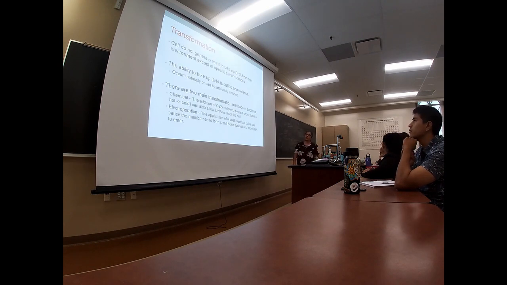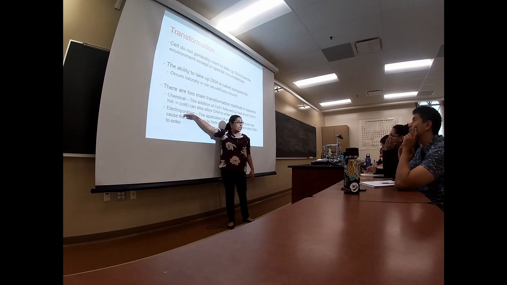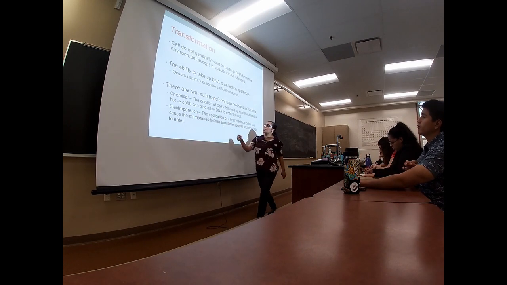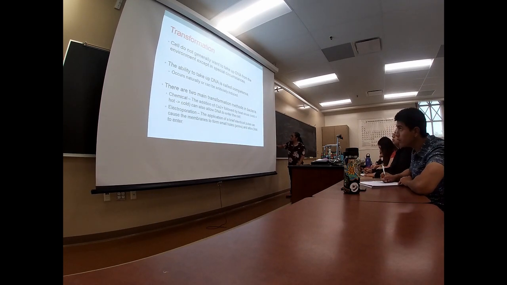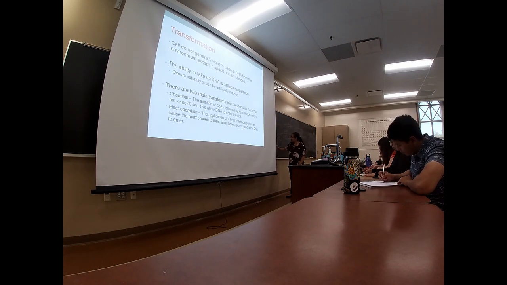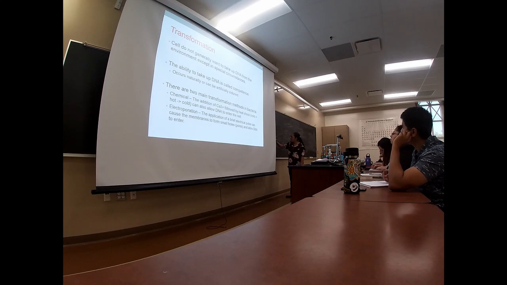Okay, the other method, which is not as commonly used because you need a very specific machine, is called electroporation. But what you're doing in that situation is the same thing. You have your tube, you have your bacteria, and then you have your recombinant DNA in there. And you stick it in this little machine called an electroporator, and you push a button, and it administers a very quick electrical shock to your cells.